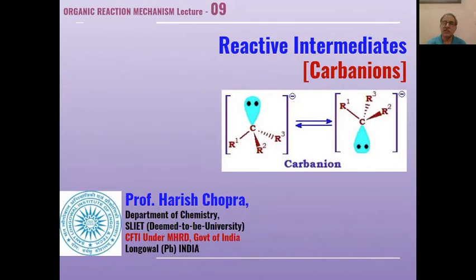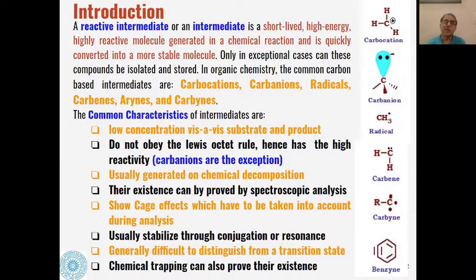In this lecture in the series, today we will be discussing carbanions, the basic concepts and some examples of carbanions. Before we go to carbanions, just to remind you that we are discussing carbanions under reactive intermediates.